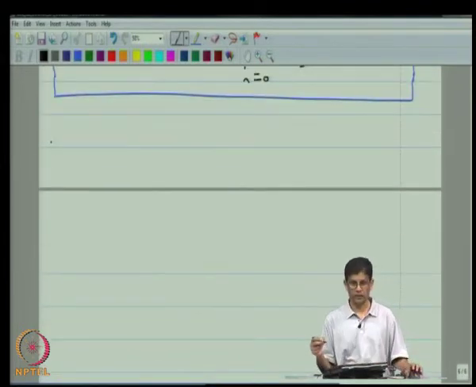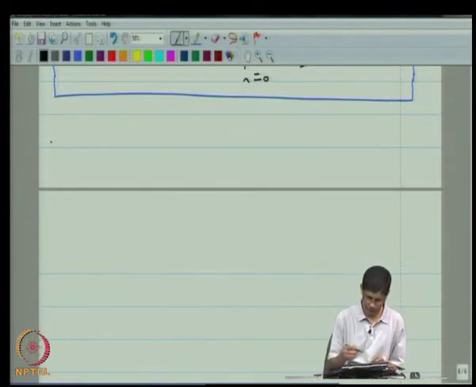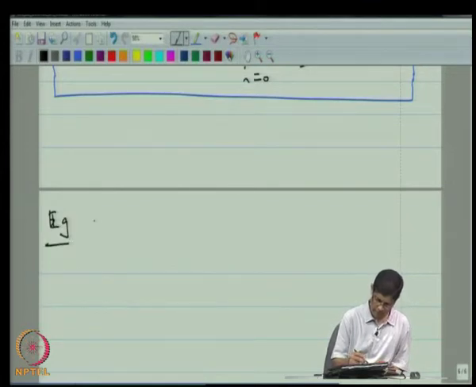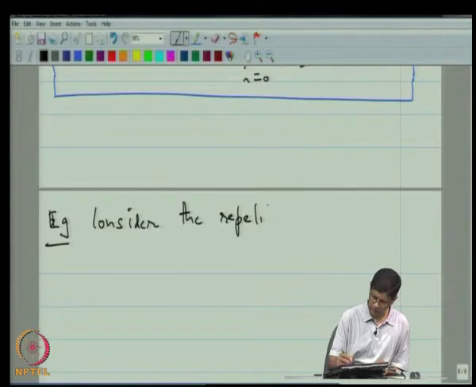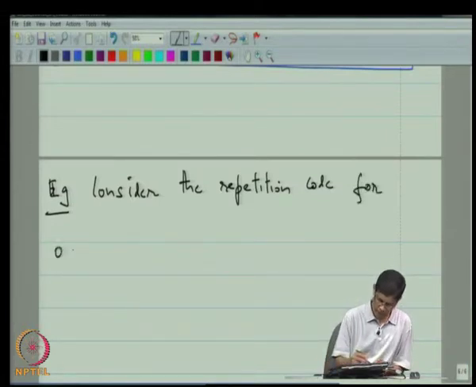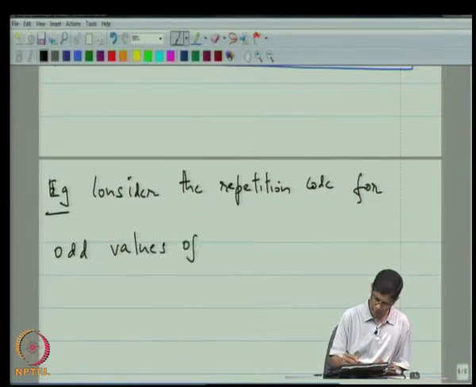Of course, a natural question to ask is, well, do perfect codes exist? So, example 1, consider the repetition code for odd values of block length n.